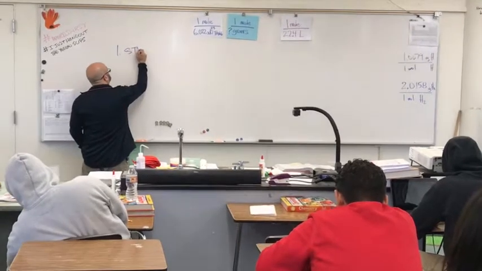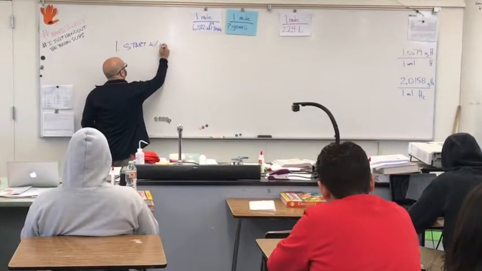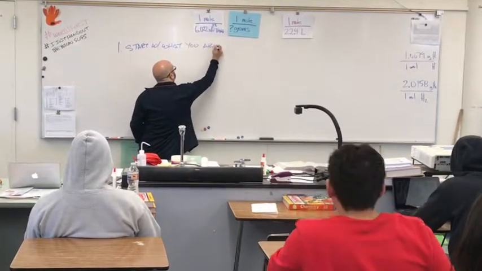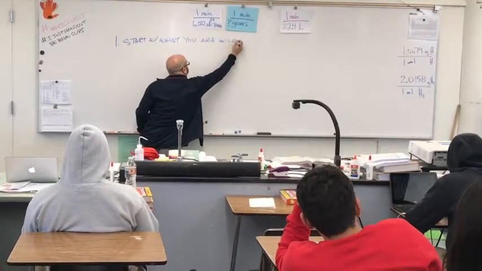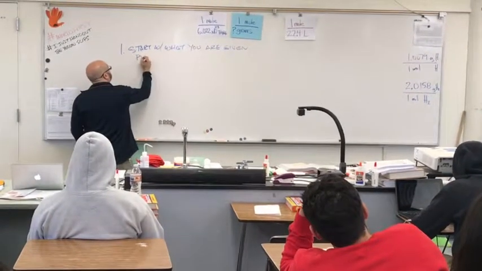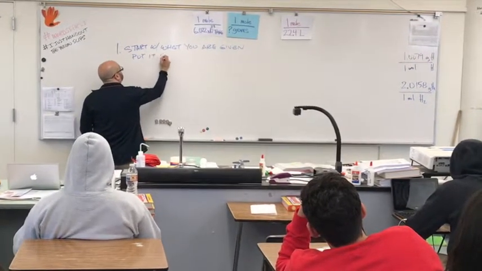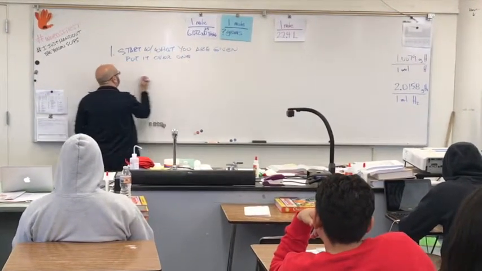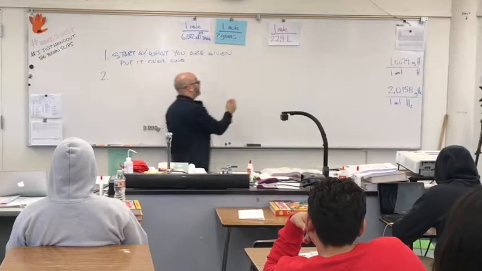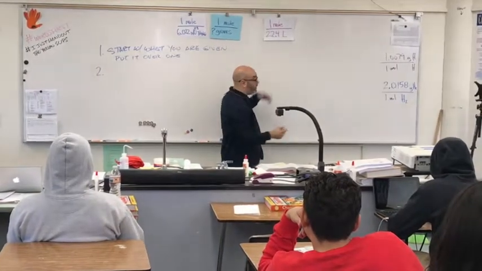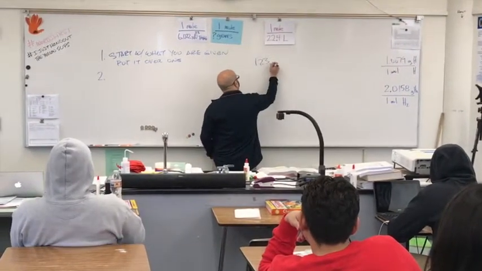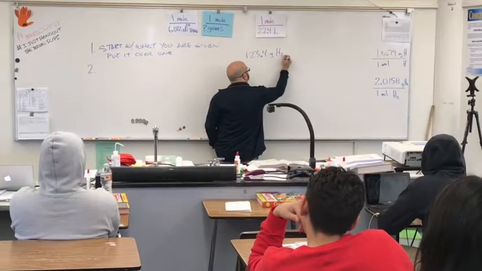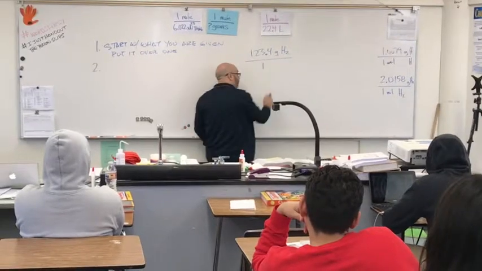So we start with what you are given and put it over one. If you were given, let's say, 3.4 grams of H2, then we would put that over 1.